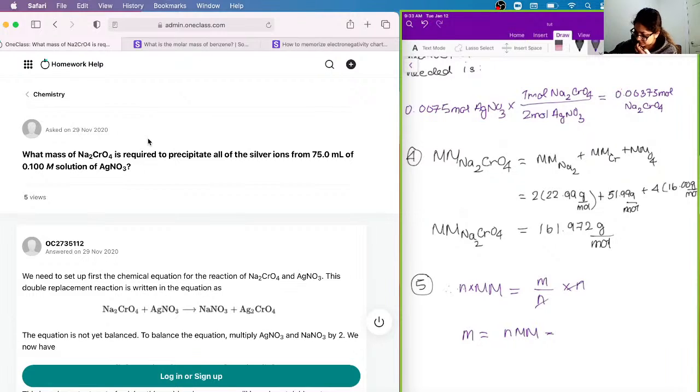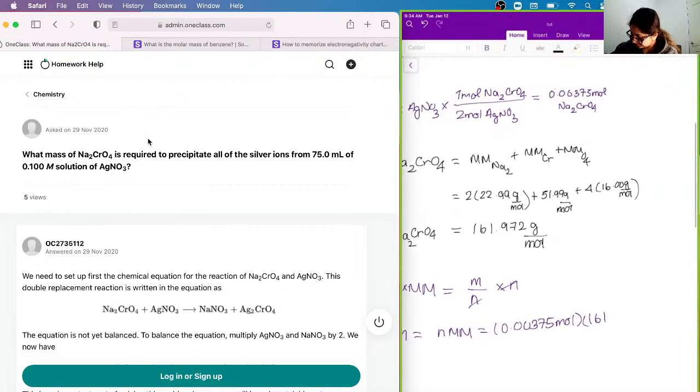So the number of moles is 0.00375 moles, and you multiply this with your molar mass, which is 161.972.